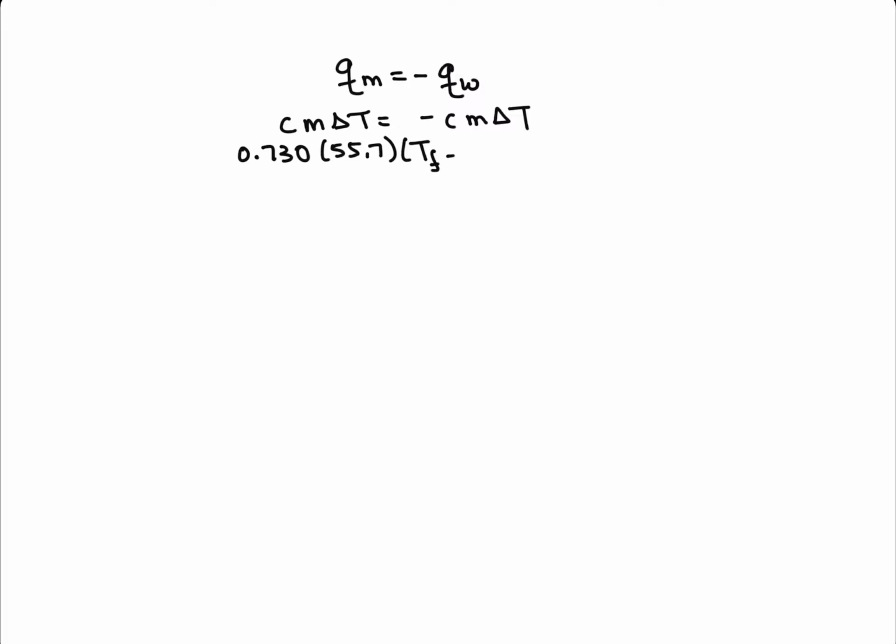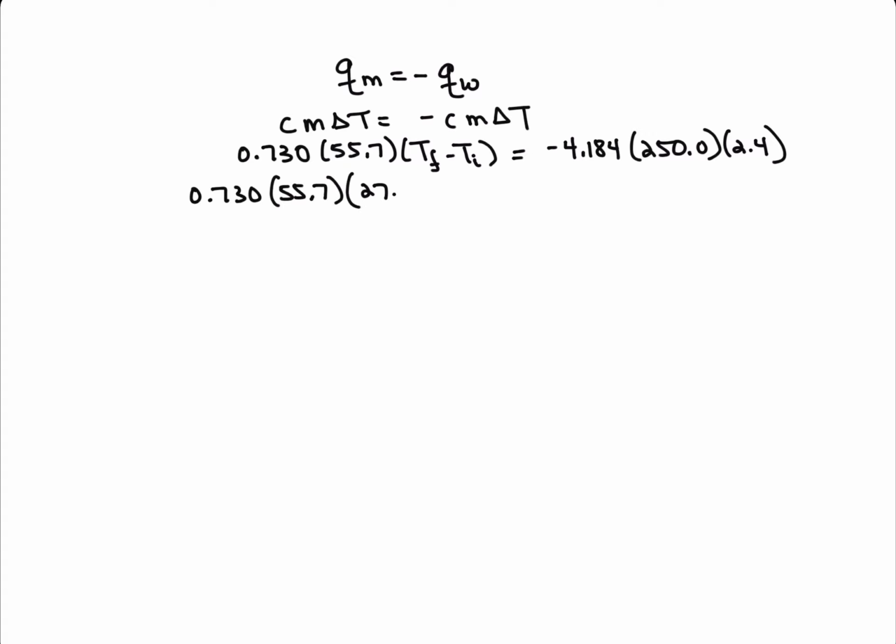Delta T is final minus initial. I do have the final temperature of the quartz, so I'm going to plug that in. All right, I want to distribute 0.73 times 55.7 inside the parentheses times 27.4.